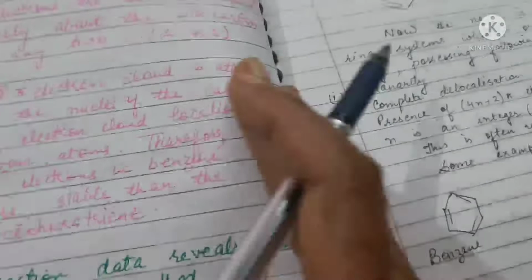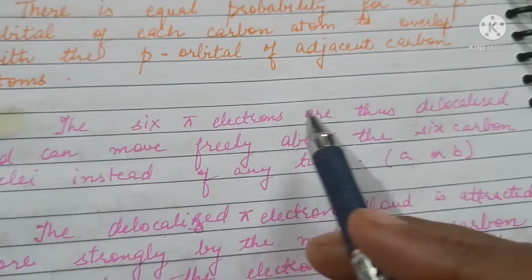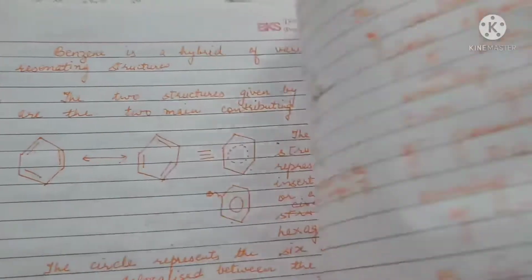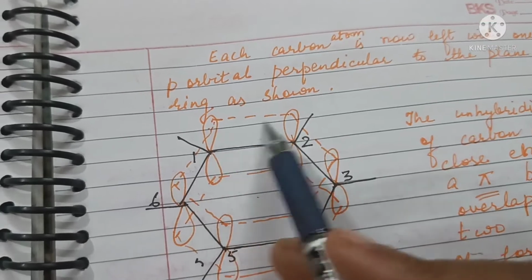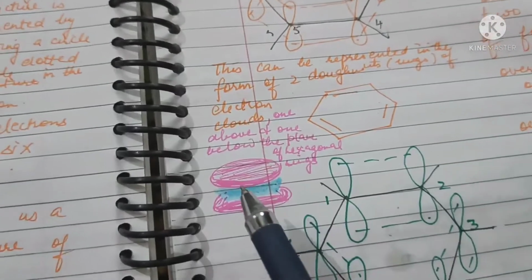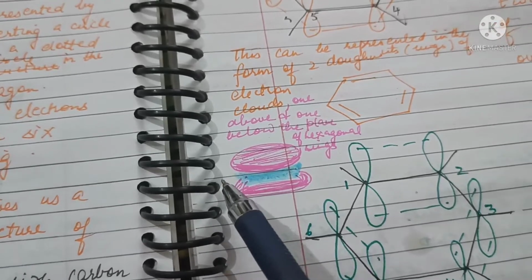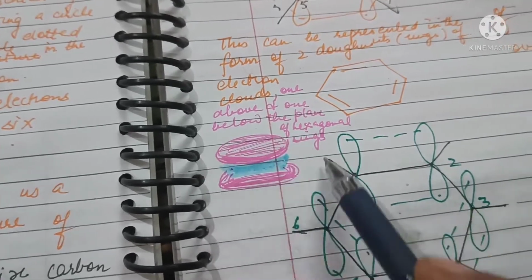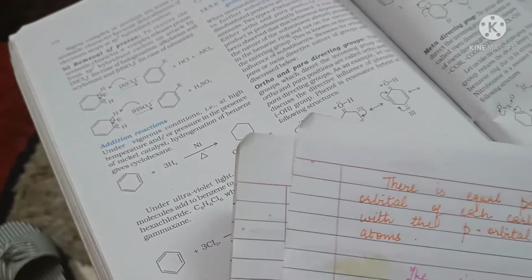So what X-ray diffraction studies suggest can be explained if we say that the 6 pi electrons are delocalized and can move freely about the 6 carbon nuclei instead of 2, like this. These pi electrons are not only moving between these two carbon atoms but also over the rest of the carbon atoms. So the pi electron cloud is above and below the hexagonal structure. This suggests that the stability will be more when all the pi electrons are moving simultaneously on all the 6 carbon atoms.